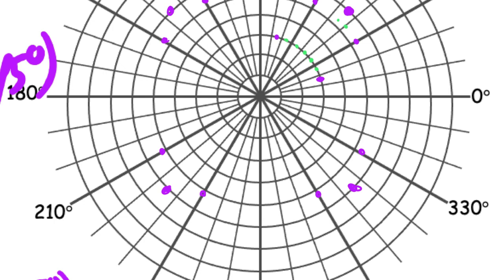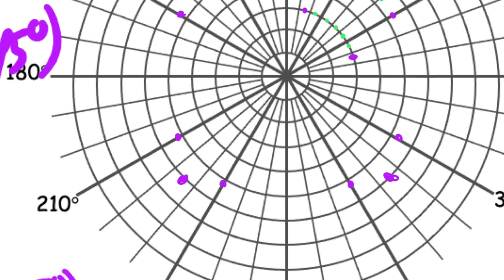Then I'm going to go 3 away and I'm going to plot 3. So I'm going to go out to my 3 marker and count 1, 2, 3 away.